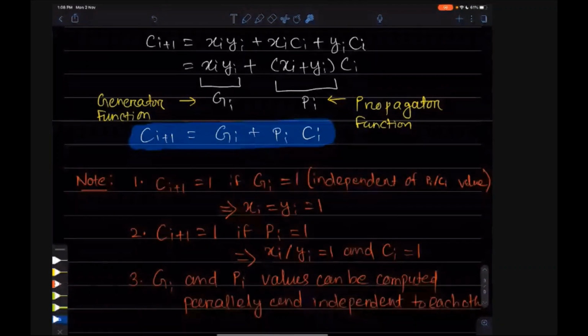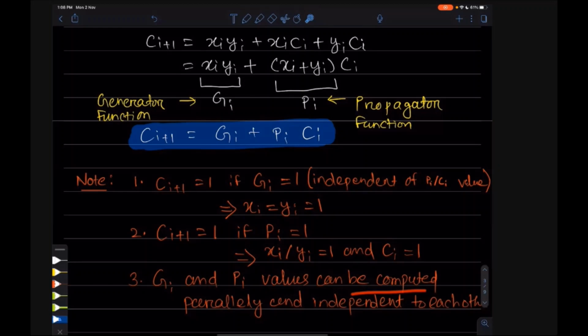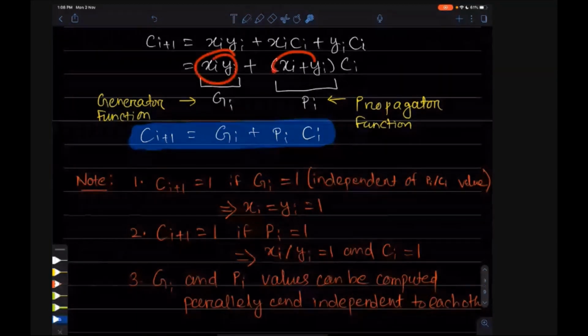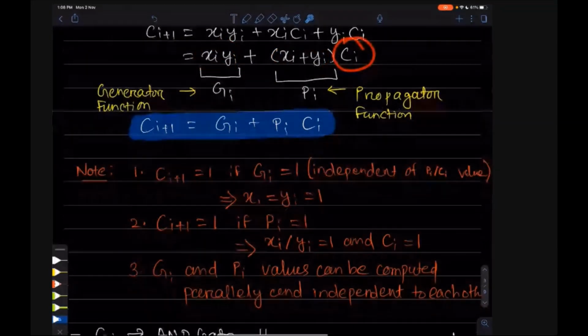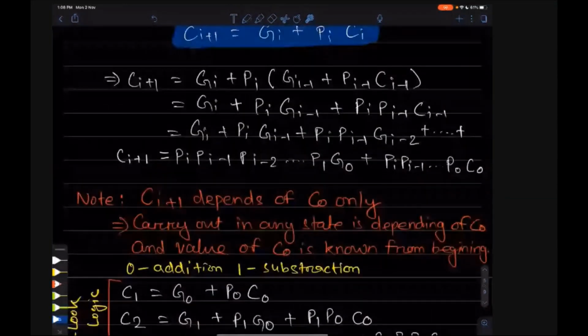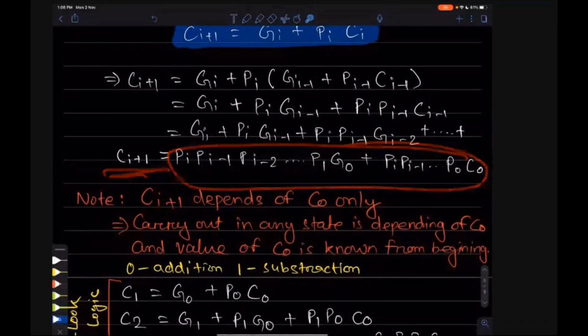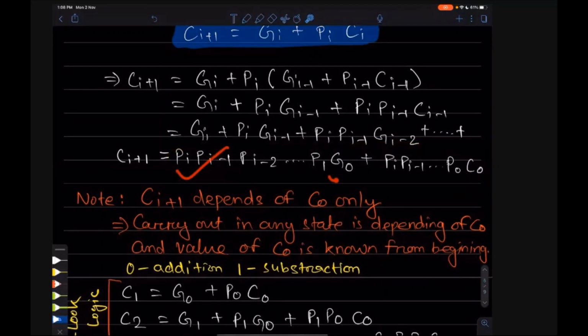It said that gi and pi values can be calculated parallelly because gi and pi only depend upon x and y, not c. Our delay was happening because of c. Now that we have also removed, because the c value can be directly calculated by this equation, since the pi and gi values are known and the c0 value is also known.